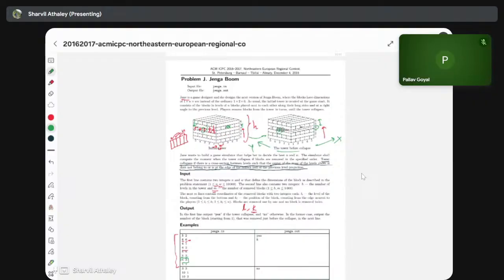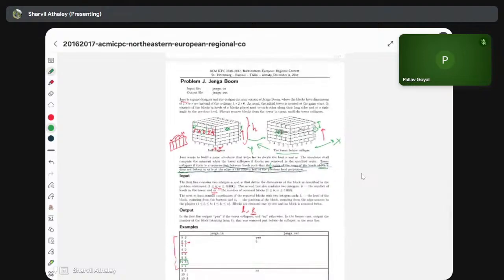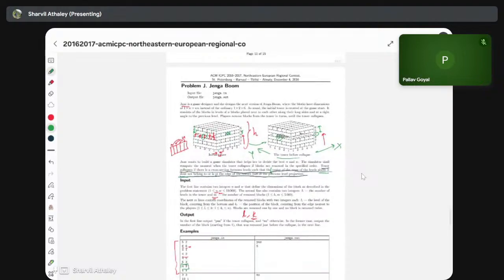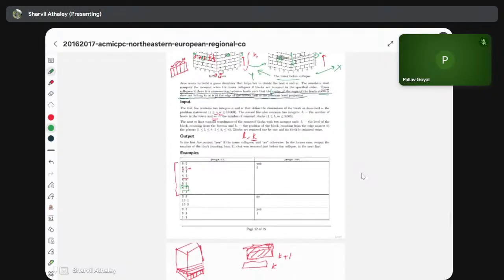It says that when the center of mass of the levels above the current level is either at the edge or outside of the convex hull of the previous level's projection, this has some center of mass which is going down. So at level 4, when you remove this block, what exactly are we saying by the convex hull?